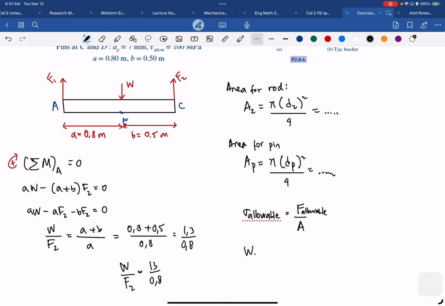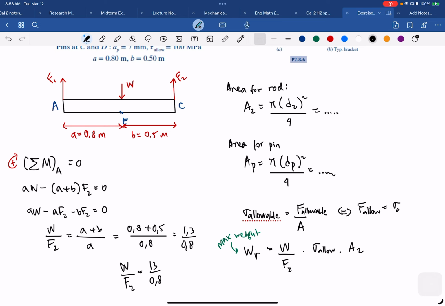So the maximum weight, let me write here that this is the maximum weight, will be the ratio W over F2 multiplied by sigma allowable multiplied by A2. Or here, F allowable is sigma allowable multiplied by the area.